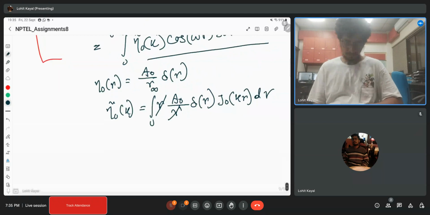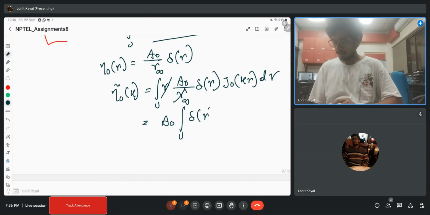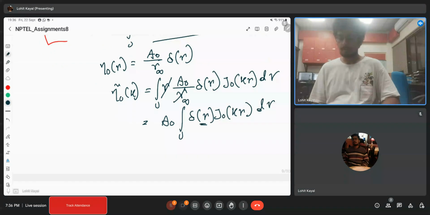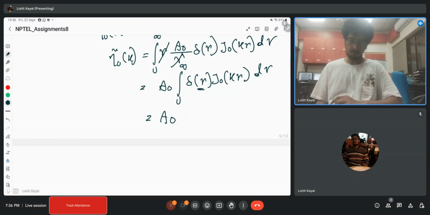So you will finally get a0, which is a constant, times the integral from 0 to infinity of delta(r) j0 kr dr. Now delta is 0 everywhere except r equal to 0, right? So finally you will get the result a0. Okay, finally this will be your solution.